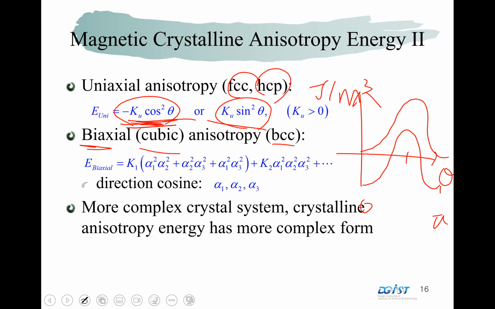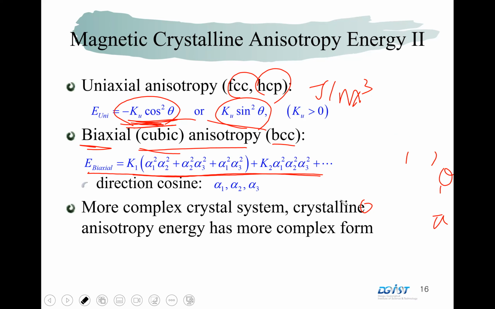For the same reason, the mathematical description of this kind of symmetry, the simplest energy expression, is this one. Here, alpha is the direction cosine for each axis. And in three dimensions, this is the simplest energy expression you can have for this kind of symmetry.